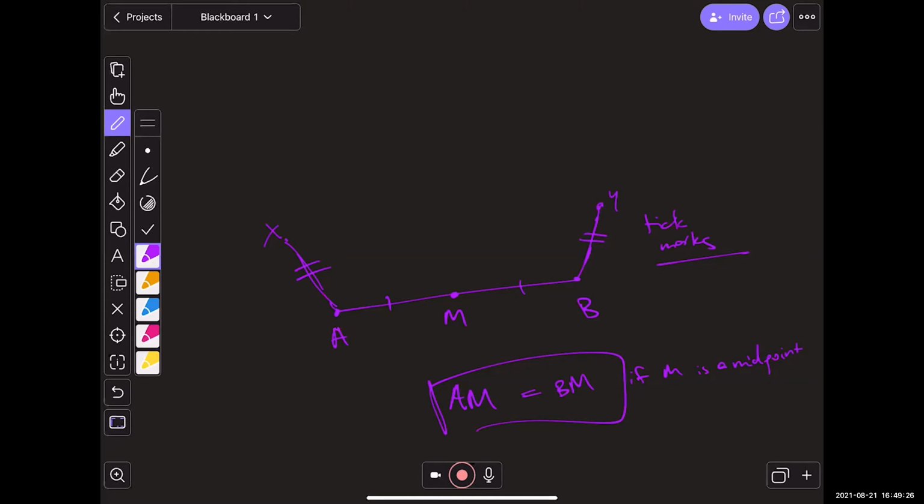So we can go on and on, right? We'll have 1, 2, 3, 4, you can have however many you want. But normally you stop around 3 or 4 because at that point it's hard to count every single tick mark, and it becomes hard to keep track of, right? Tick marks are supposed to help you. They're not supposed to make it harder to view. So this is how we convey information in that diagram.